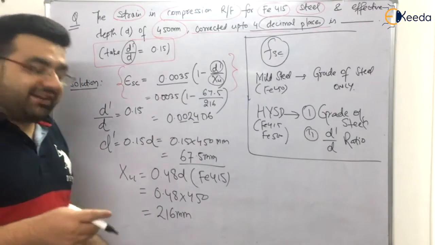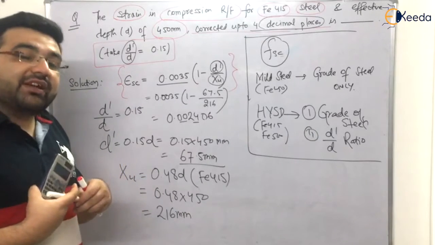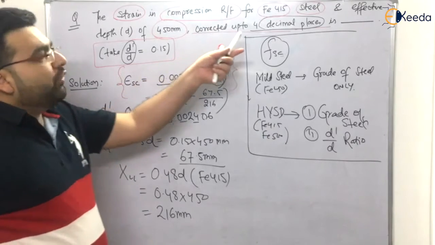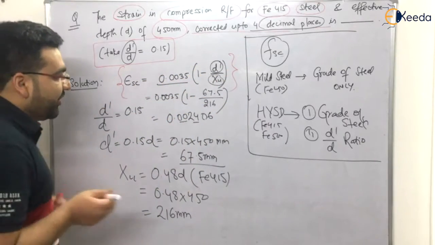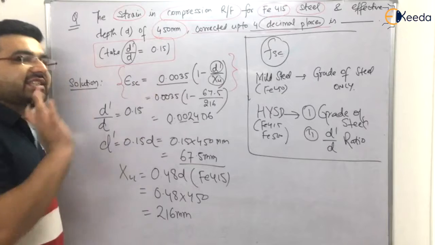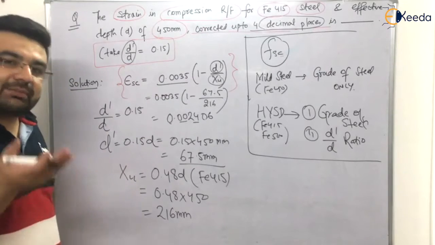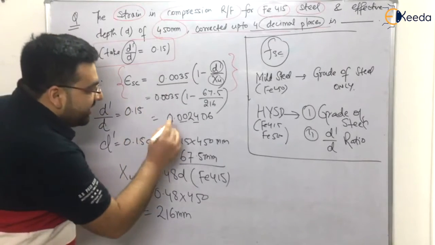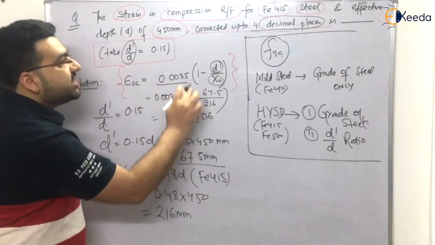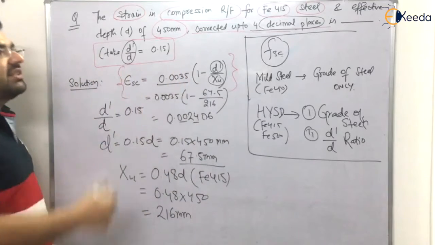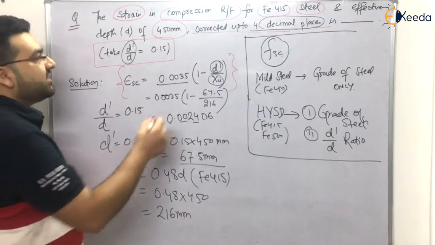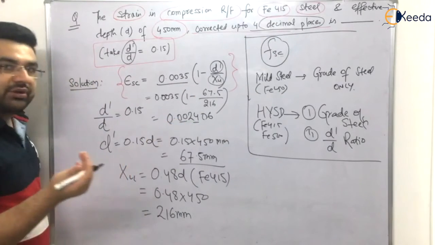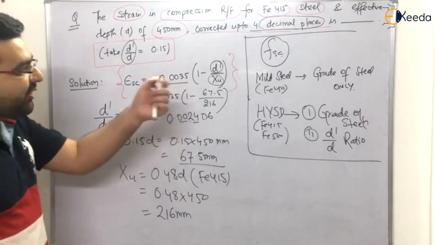Now, I have seen students making very silly mistakes. For example, the question says corrected up to 4 decimal places, and students count the zero before the decimal point as a decimal place. That is not a decimal place; this is basic primary mathematics. The digits after the decimal point are counted as the decimal places, right? If it says up to 2 decimal places, students write 0.0, and 0.0 will not be the answer.